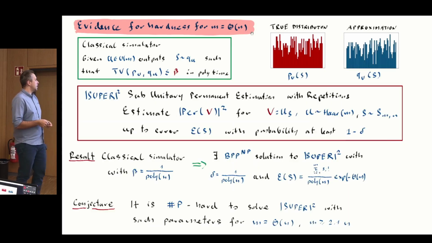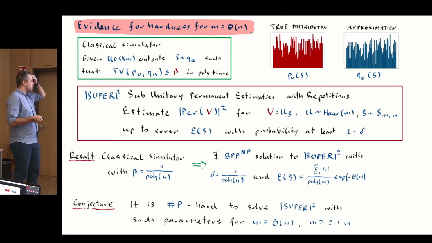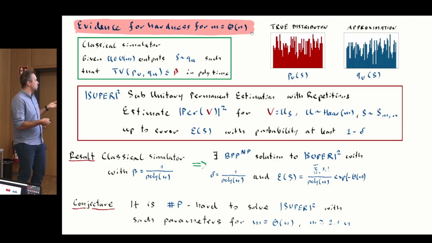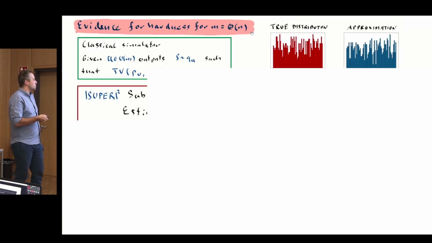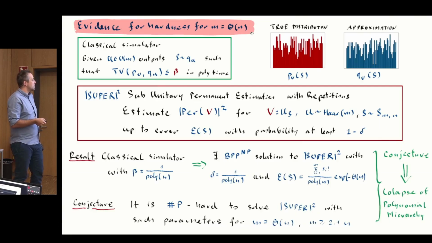Good, and then just like with other quantum advantage proposals, you can now conjecture that solving the super problem is sharply hard for parameters that we care about, in the saturated regime. When you do it, you get collapse of the polynomial hierarchy.